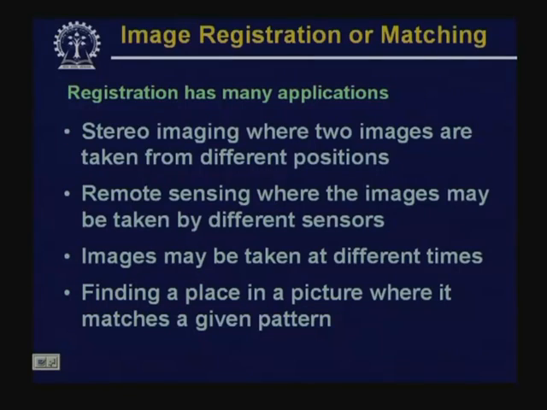So, in the case of stereo imaging, we have to find this point correspondence or point registration, which is also called point matching. The other application that we have just mentioned is remote sensing, where the images may be taken by different sensors working in different bands, and the sensors may even be located in different locations. The images of the same scene are taken by different sensors in different bands and at different geometrical locations.